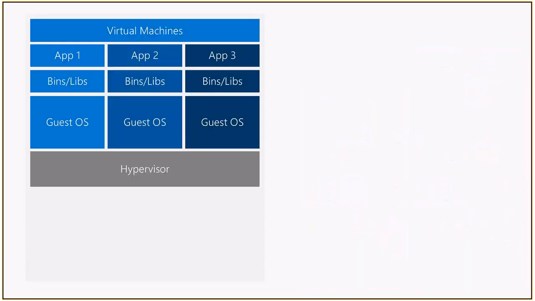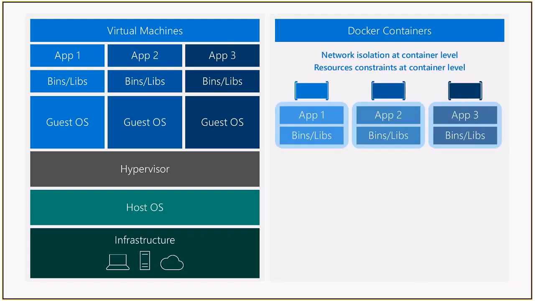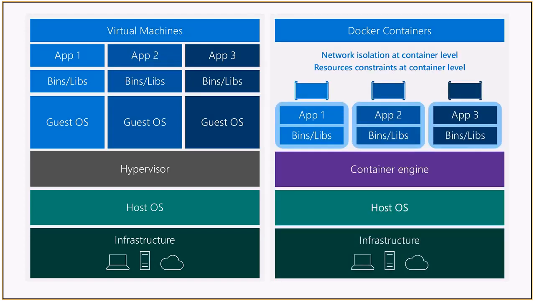So just a quick thing about VMs. As you can see, with a virtual machine, you have a hypervisor which sits on the host OS, and that provides you this virtualization at the hardware level to create those guest OSes.